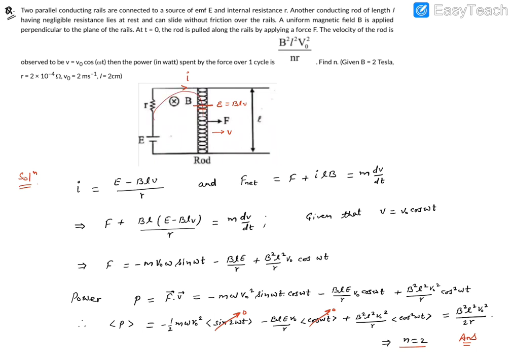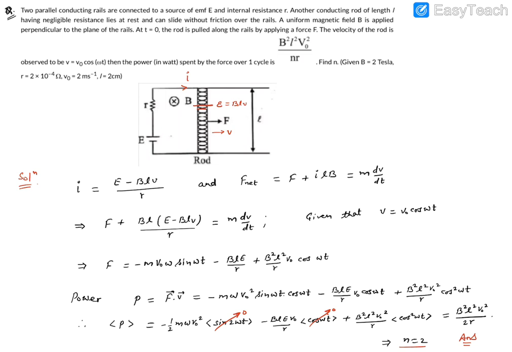Then you can think of, at this instant of time, this loop having a current. Let's say that current is I. Applying Kirchhoff's loop law, the current in the loop is I equal to the net EMF, which is E minus BLV, divided by resistance R. Now there will be current flowing through this conducting rod.